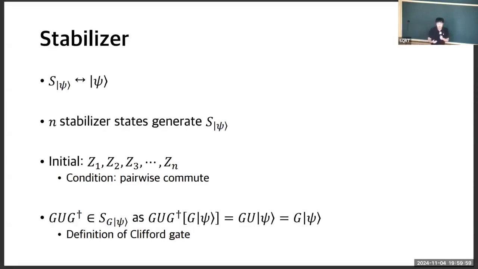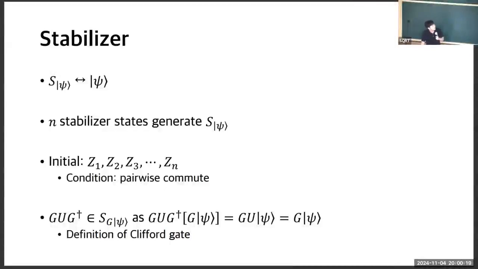And for the initial condition, all 0 would have Z1 to Zn as the stabilizers. Here we need them to be pairwise commuting, because that makes them an independent set of generators.